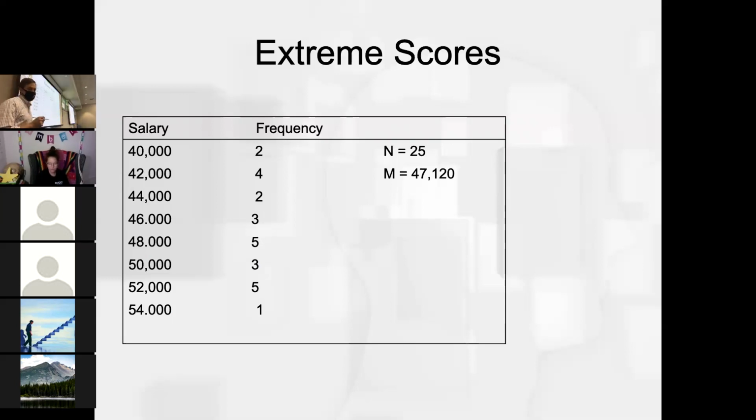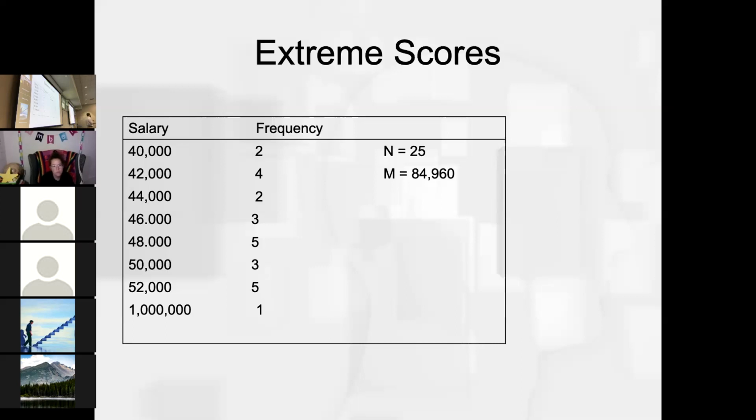But let's say now we take 24 of those 25 people, and we had somebody who just hit it big, had a big startup idea, and now made $1 million in their first year after graduating. Well, you can see that mean went from 47,000 to almost 85,000 based off of one specific score, right?